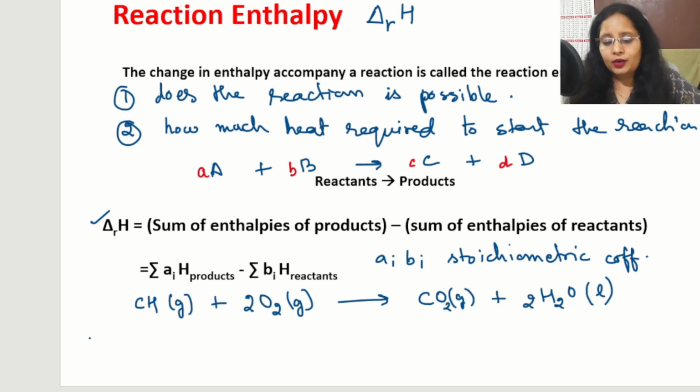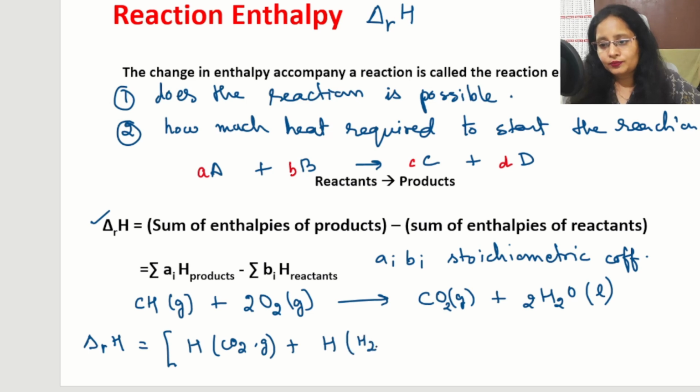Let's start to calculate delta R H. It is the sum of the enthalpies of the products. Here products are carbon dioxide and water. So enthalpy of CO2 gaseous form plus enthalpy of water in liquid form. Now water has 2 moles, so we write 2 here, and carbon dioxide is 1, so no need to mention it.